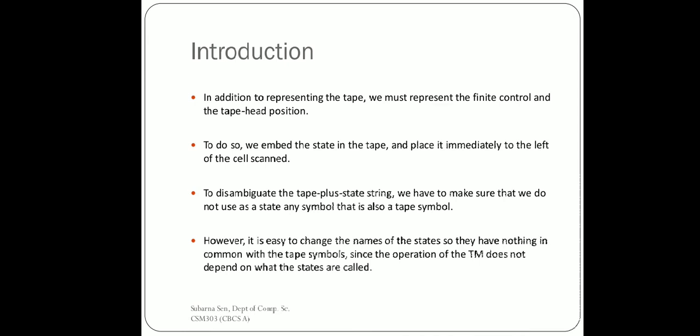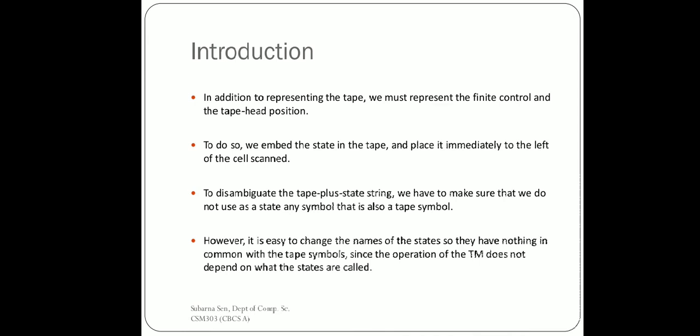So if this is the situation, we have to embed the state in the tape and place it immediately to the left of the cell scanned. In this fashion we represent the ID: whichever symbol it is scanning, we place the state, meaning the present state where the Turing machine is processing now, together with the scanned input symbol to represent the ID.